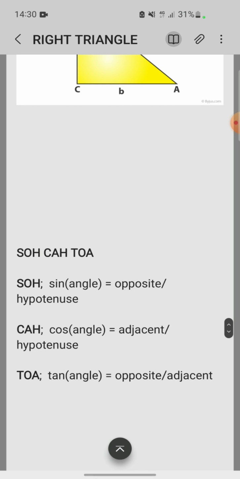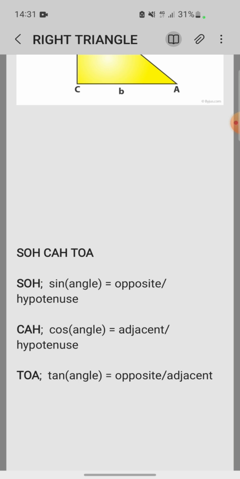We can also solve the sides and angles of the right triangle by using SOHCAHTOA. SOH: S stands for sine, O stands for opposite, and H stands for hypotenuse. Therefore, the formula for SOH is sine of the angle is equal to opposite over hypotenuse. CAH: C stands for cosine, A stands for adjacent, and H stands for hypotenuse.